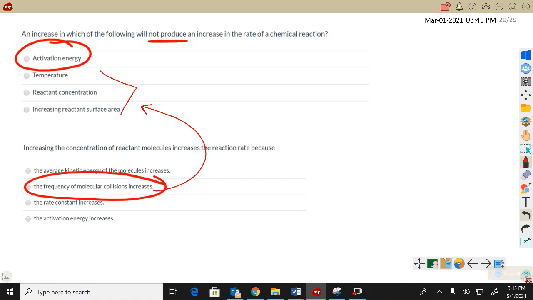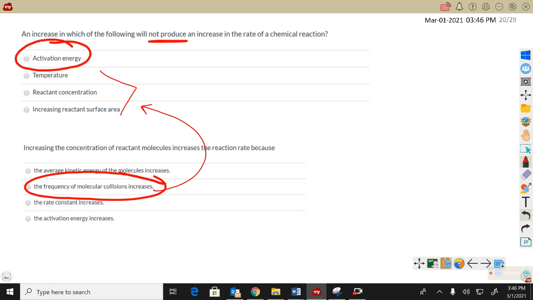Particles are moving faster, they're colliding more often, and if they're colliding more often, then hopefully there's a greater fraction of those collisions that are effective. Increasing the concentration, yeah, that should increase collisions. There's just more of the active particle present. Same thing with increasing the surface area. There's just more room now for particles to congregate and collide.